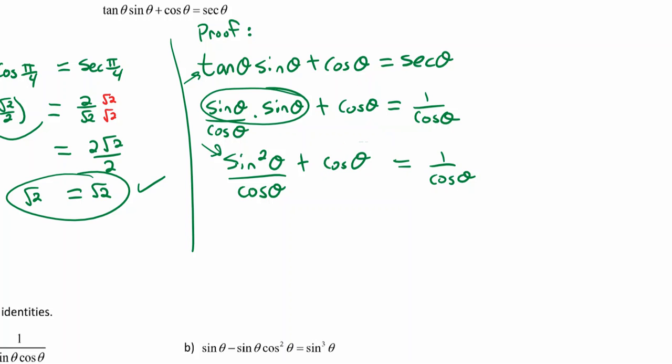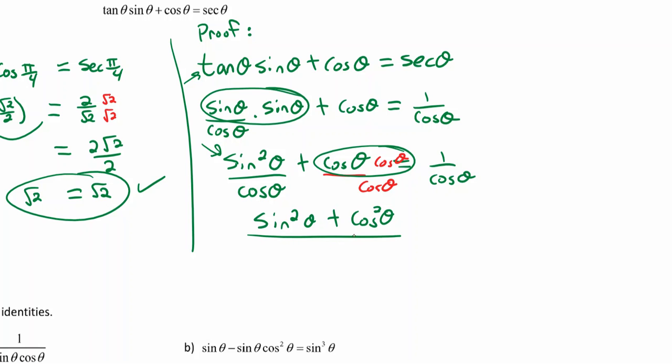So what about this? Why don't I put these guys both over the same denominator? I'm going to multiply this by cos theta on the top and bottom, cos theta and cos theta, right? So we can write that all over one denominator. Look at this, cos squared theta pops out of that. So we've got sine squared theta plus cos squared theta, which is when you're happy, over cos theta, just writing it over one common denominator.